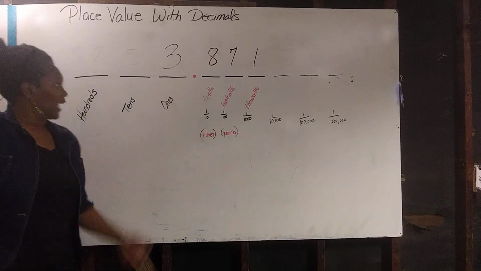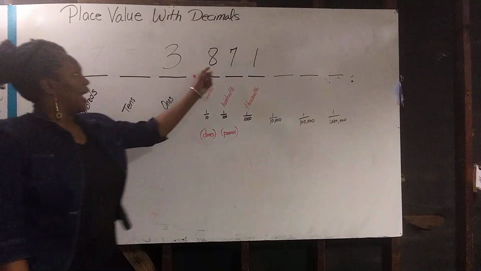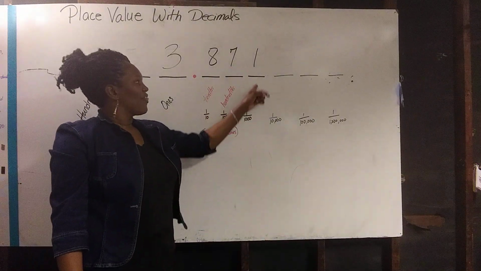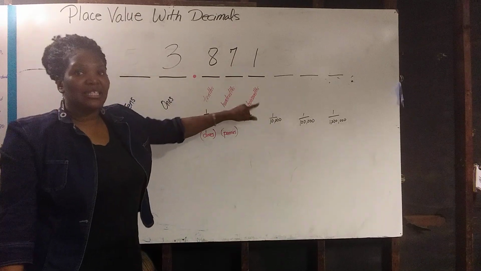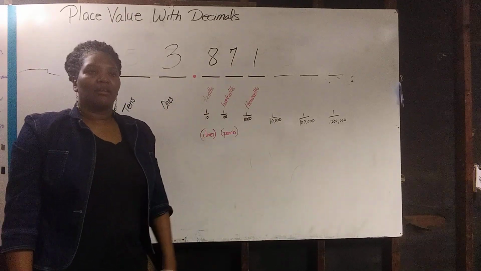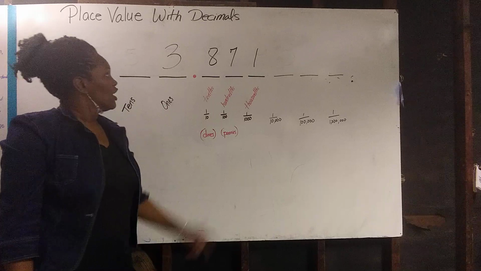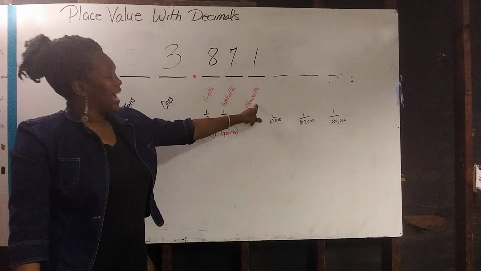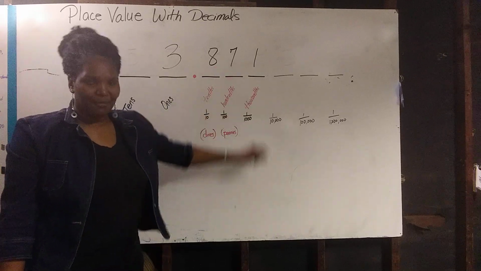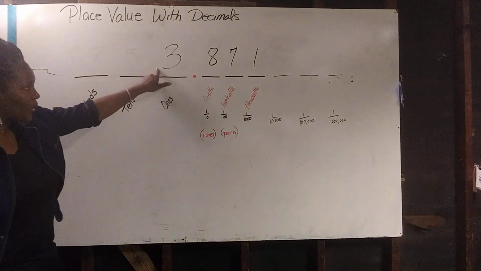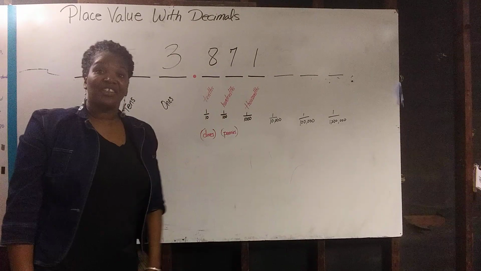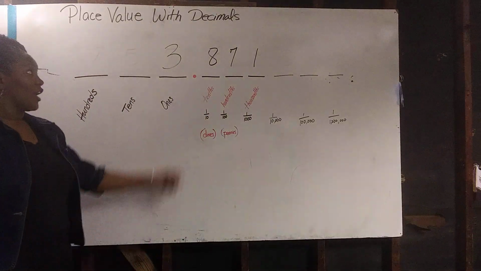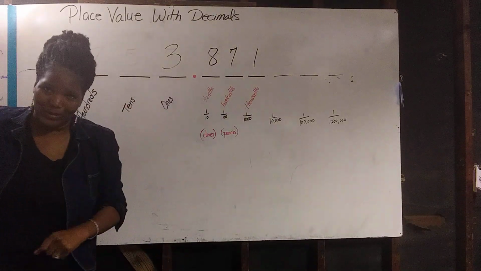But you can also say 3 and 871 thousandths. Wherever the last number lands, that's the place value you're going to have to say. So it's 3 and 871 thousandths, or you can just say 3.871.